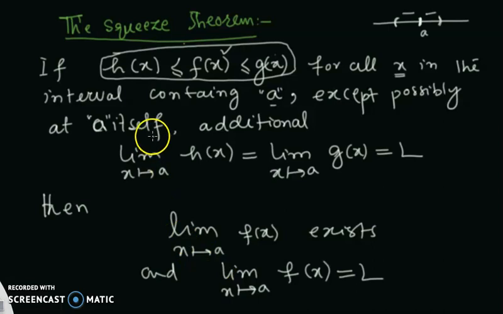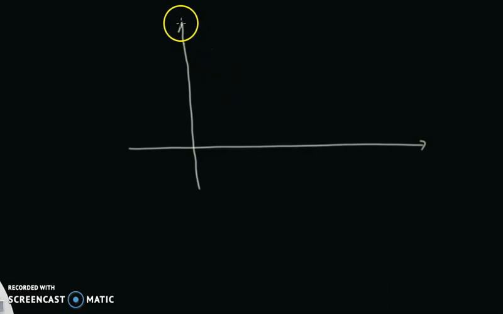So what does this say? I'm explaining shortly in a picture. Let me sketch a rough idea for this. Suppose you have three functions.